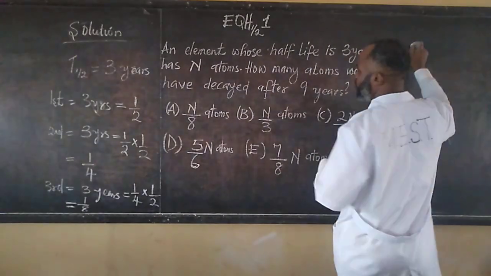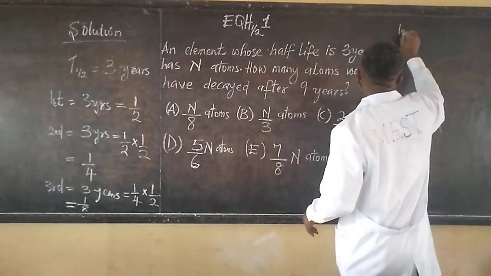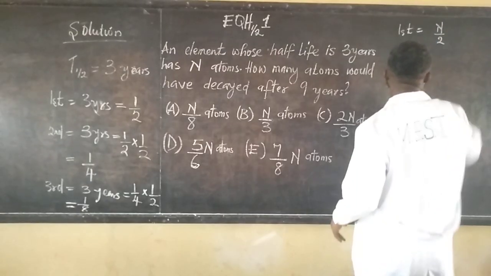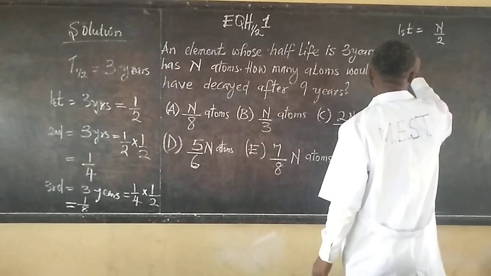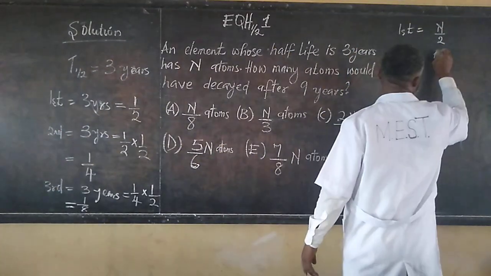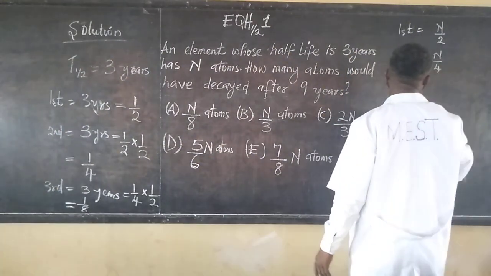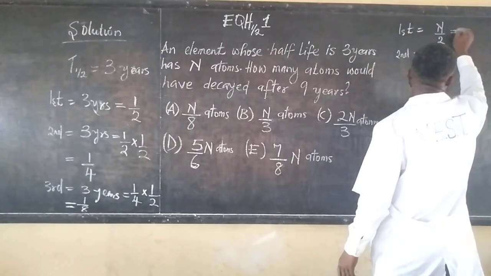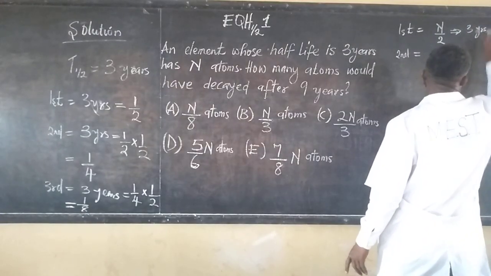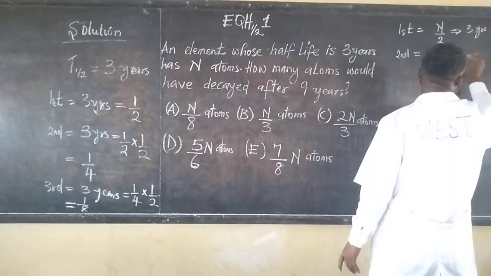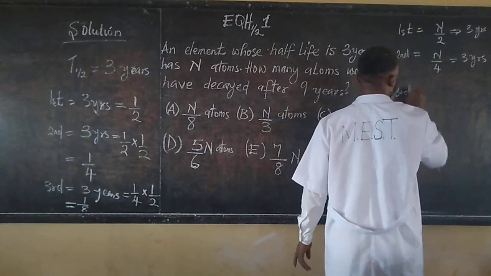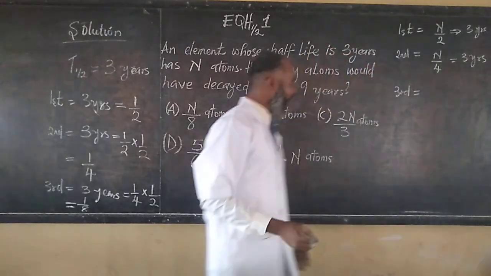Let me write it toward the other side. The first cycle is N/2, half decays. Second cycle of the radioactive element, what decays is N/4, and remember, this happens in every 3 years. Then the third cycle, what happens?